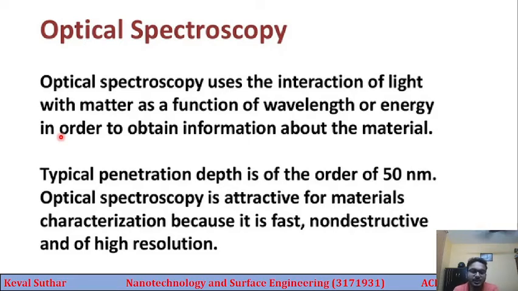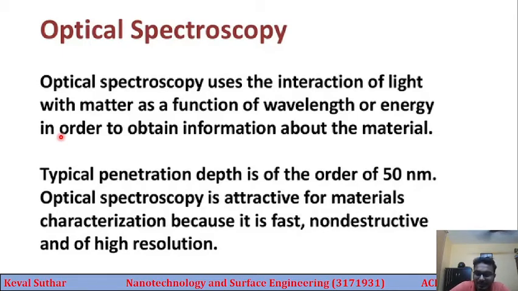Here the typical penetration depth, that is, the depth up to which the light can pass, is of the order of 50 nanometers. So we can take light inside 50 nanometers of any material or matter.